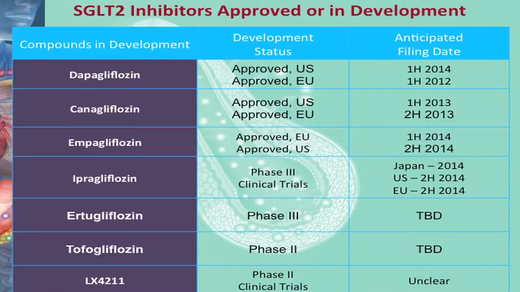ER2 gliflozin is under development. And there's even a development program for agents that are combination SGLT2 and SGLT1 inhibitors, so both sets of transporters can be inhibited by the same drug. So this is a landscape that's rapidly shifting, and there's a lot yet to be learned and seen.